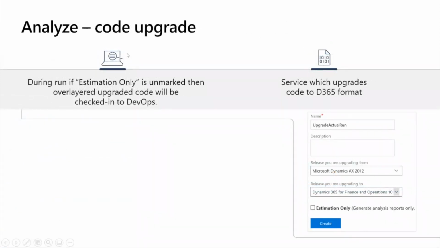So as I said, if estimation only is marked, the upgrade tool just provides those analysis reports. But I also want to show you what happens if estimation only is unmarked, right? If you are actually doing the code upgrade activity. In that case, the service will also upgrade your code to Dynamics 365 format and check it into DevOps.